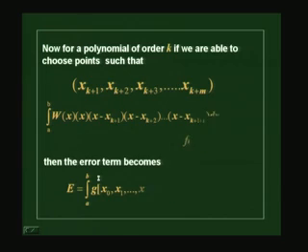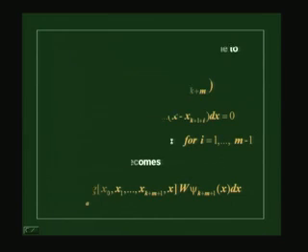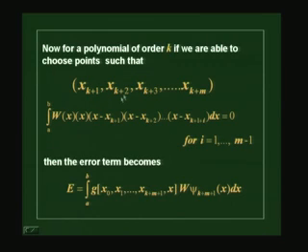That's the idea. So now the question is, how do we choose these points? The idea of Gaussian integration, or Gaussian methods, is to provide a method of choosing these points, x k plus 1, k plus 2, up to k plus m, such that we have an accuracy of that order. So that is what we call the Gaussian method. Otherwise, it's not very different from what we have done earlier.